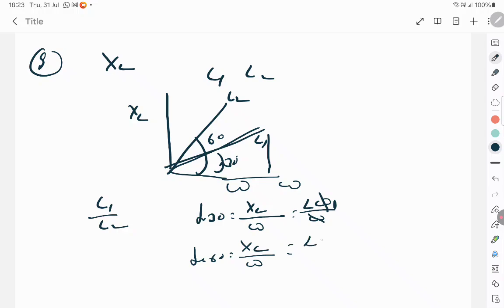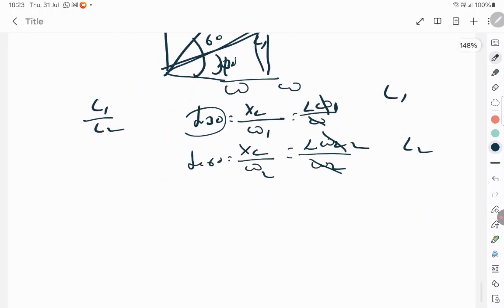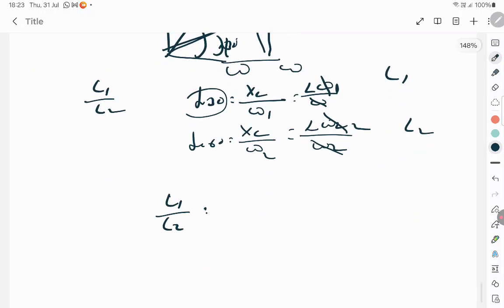So XL itself is L omega 2, and omega 2 gets cancelled. You get L2. So L1 by L2 is therefore the ratio of tan 30 by tan 60. What is tan 30's value? Tan 30 is 1 by root 3.